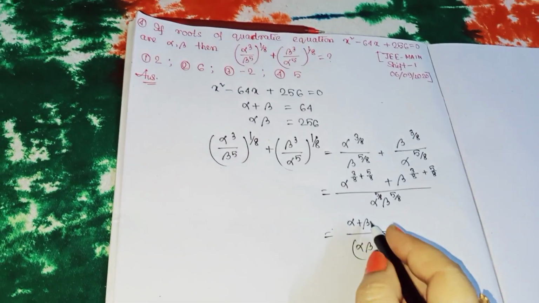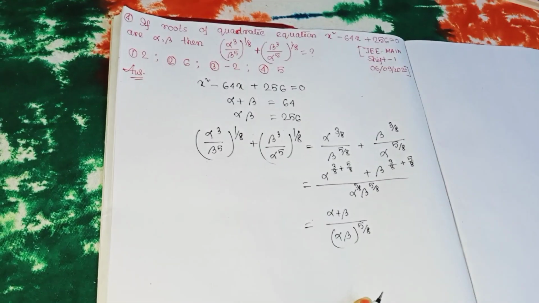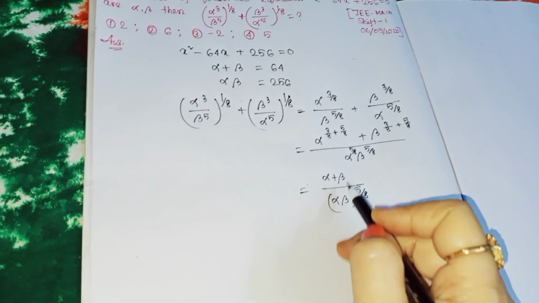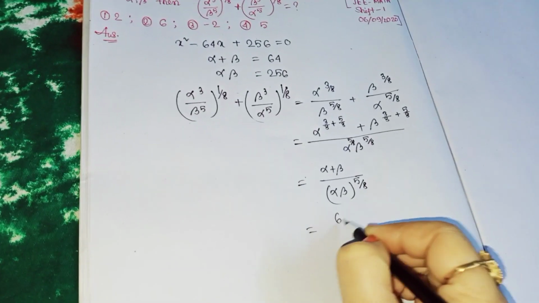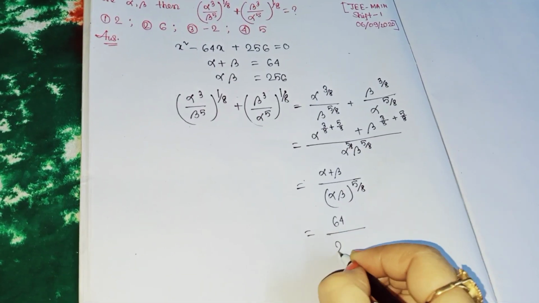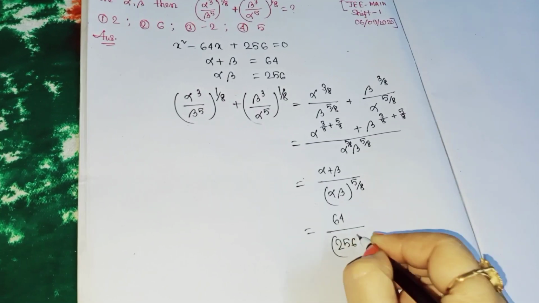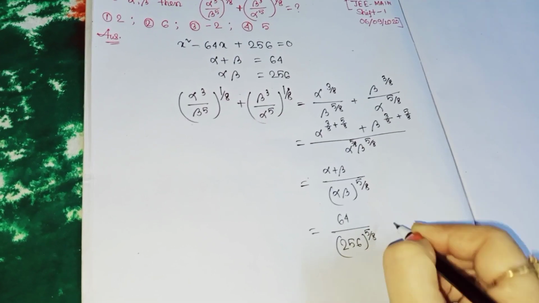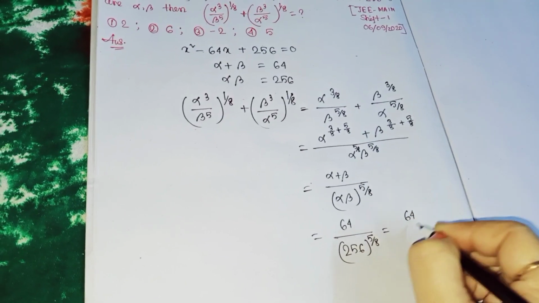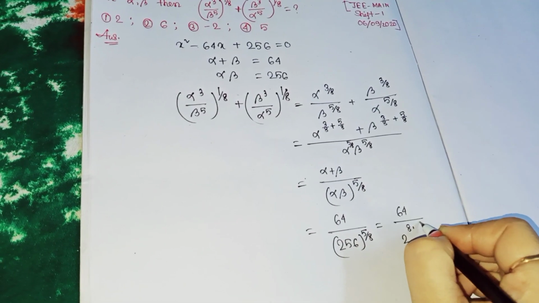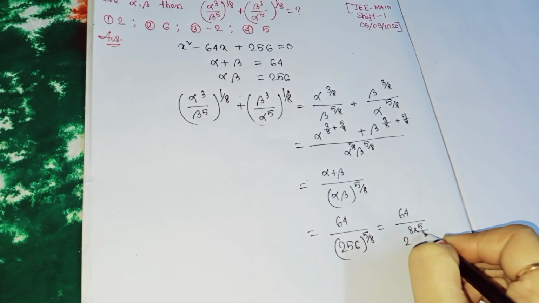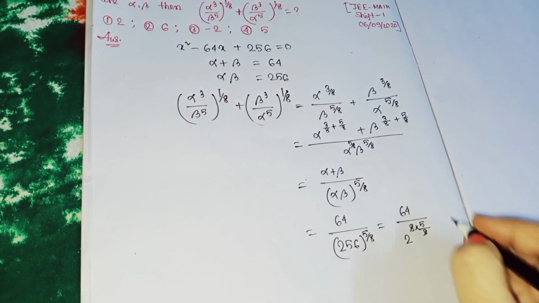So we know the two results: alpha plus beta is equal to 64, and alpha beta is 256, whole to the power 5 by 8. So it is 64 divided by 2 to the power 8 into 5 by 8, so 2 to the power 5.